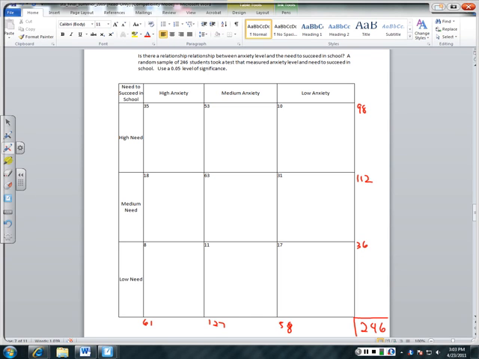And so what I'm going to do first is compute the expected values for each cell. In this cell, the expected value is equal to the row total, that's 98, times the column total, that's 61, divided by the overall total, that's 246. And that's about 24.3.